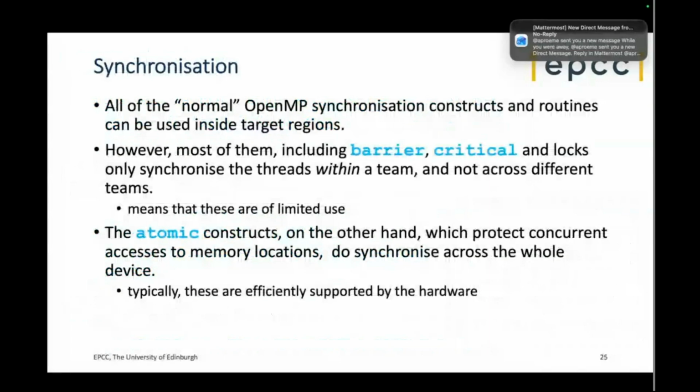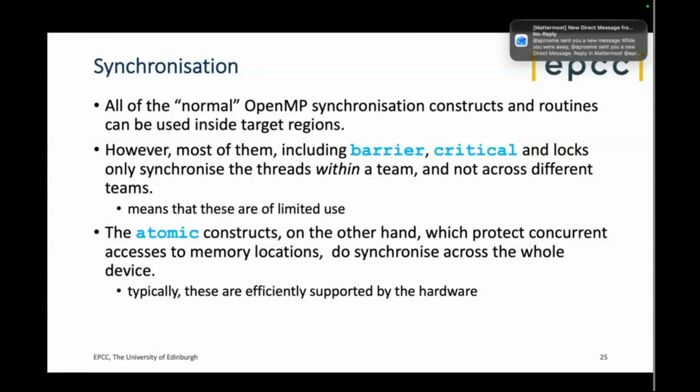Okay, so we've told how we can use synchronization. You can use all the barriers, critical regions, and so on that you know and love. But remember, they work within a team, not outside of a team, which means you're a bit more constrained than on the CPU, where it's often enough to have just one team, the default one.